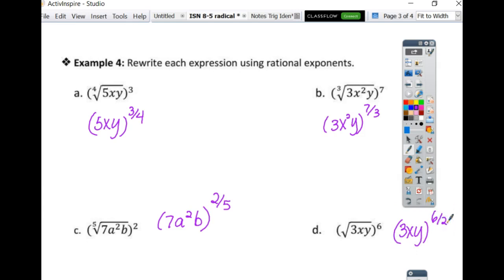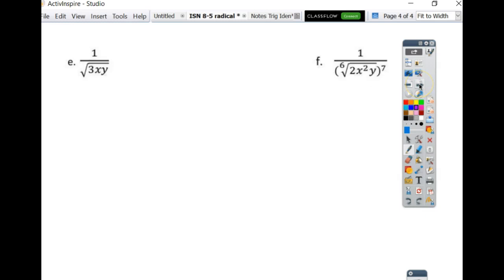What is 6 halves? 3. So you reduce that. So when I write this one now, what do I write? This one's going to have a negative. So it's 3xy to the negative 1/2. That's the number right there.